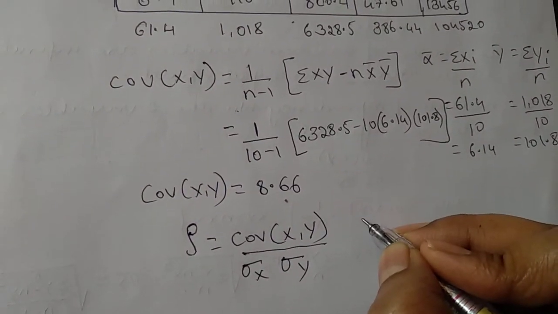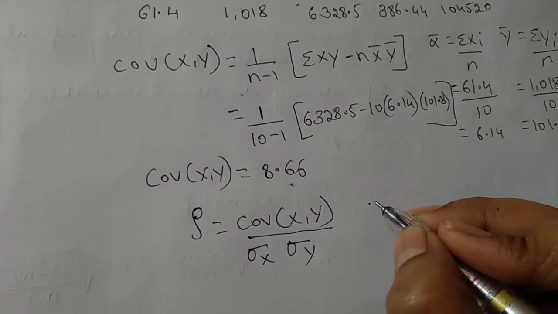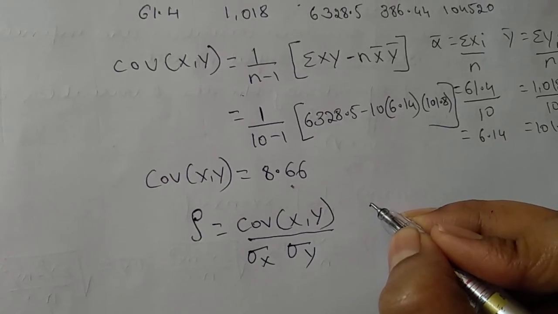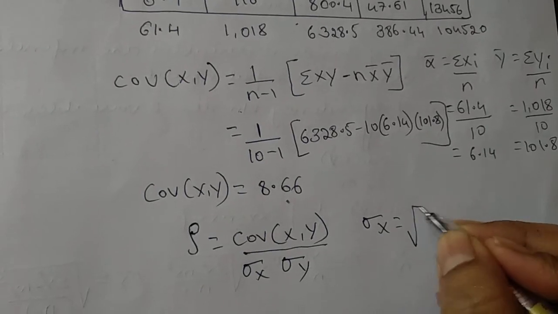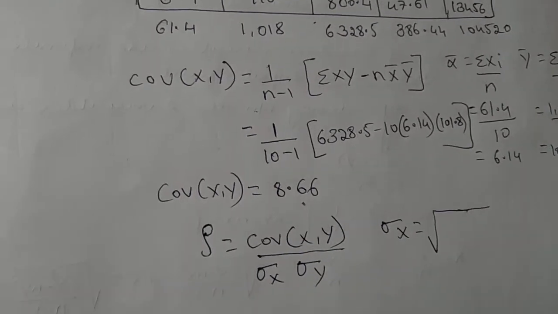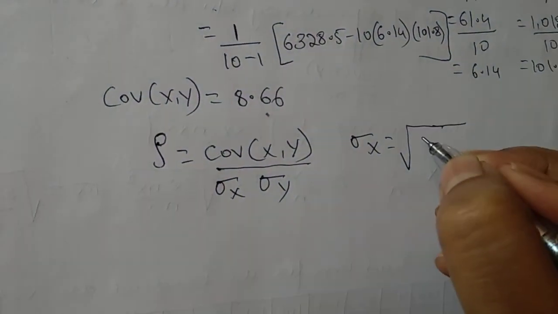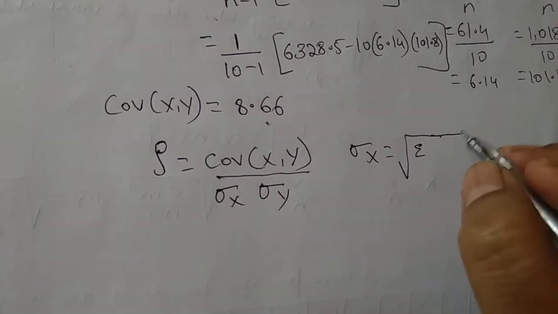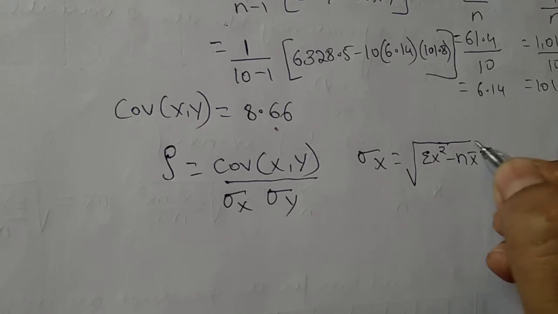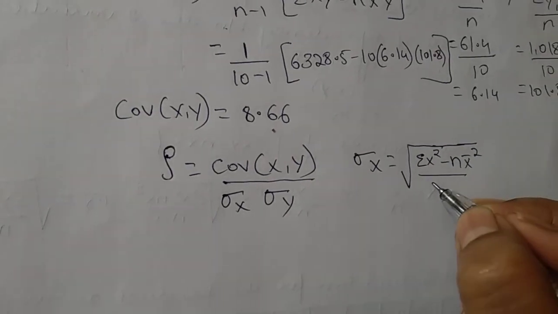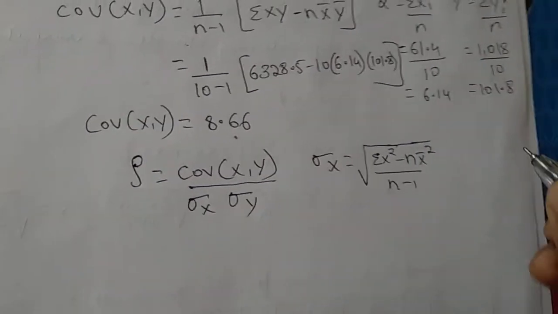How will you find out that one? Sigma x is equal to square root of summation x square minus n into x bar square divided by n minus 1.